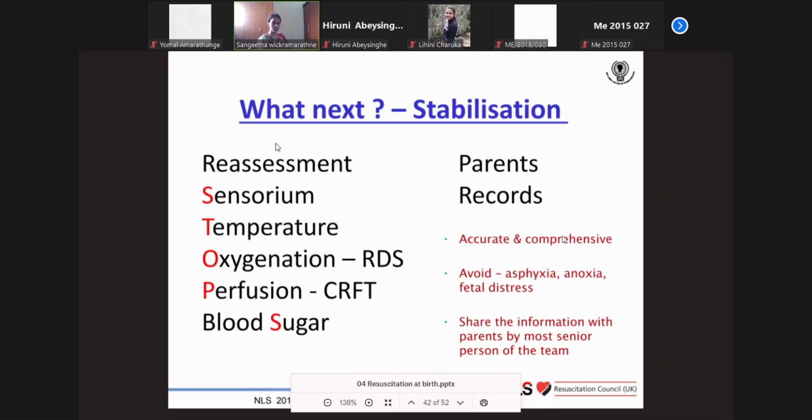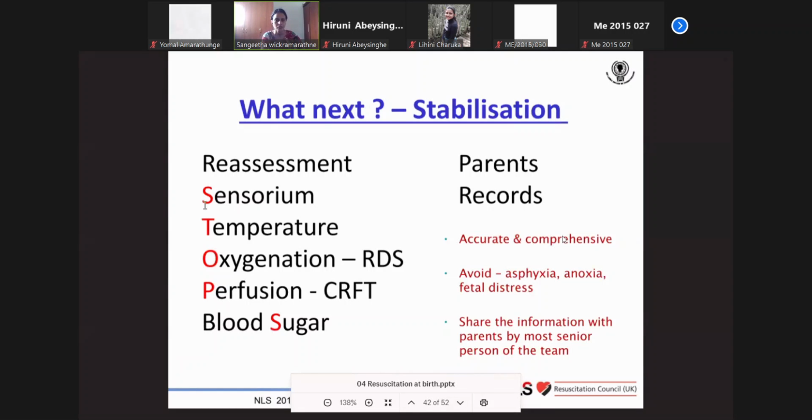So then the post-resuscitation stabilization. You can reassess. Always reassess if they are stable. These things you have to assess before sending the baby, either to the mother, or to a high dependence unit, or to the ICU, right? Whatever it is, you have to check these things before sending the baby there.